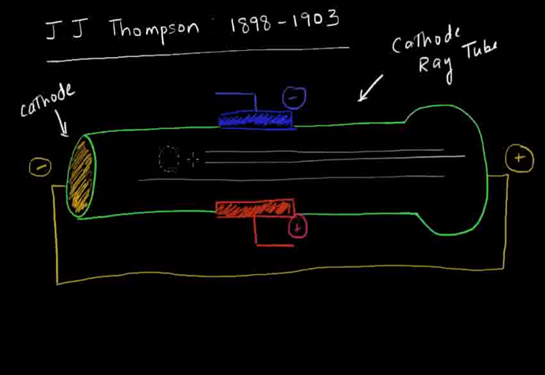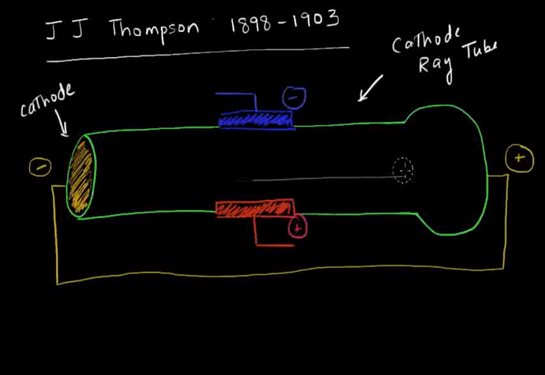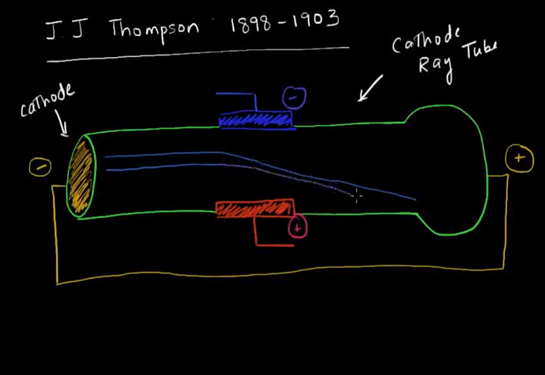Rather than seeing these nice straight lines, which all the other researchers had seen when they applied electric fields to their cathode ray tubes, Thompson saw rays which did something like this. They would go straight for a while, and then bend away from the negatively charged plate as soon as they encountered that region. And they did this with some consistency.